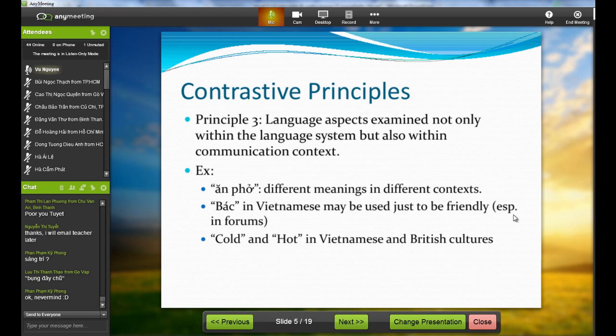For Vietnamese students, a summer breeze, or summer wind, is something that is very hot, very uncomfortable, and summer, in Vietnamese culture, is associated with being very hot, not comfortable.